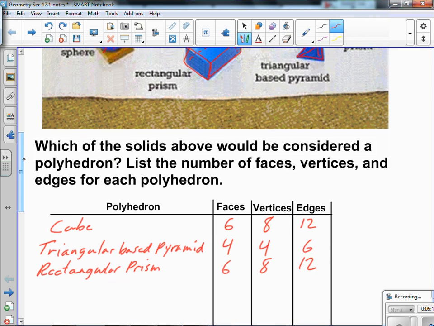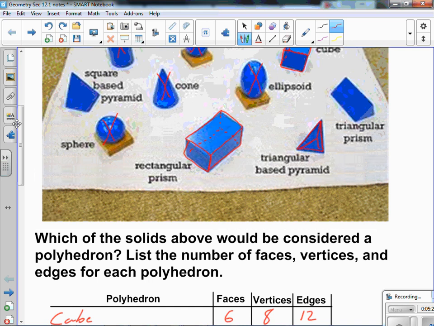Next one, we got a triangular prism. And so the triangular prism is made up of basically 2 triangles and then 3 rectangles.